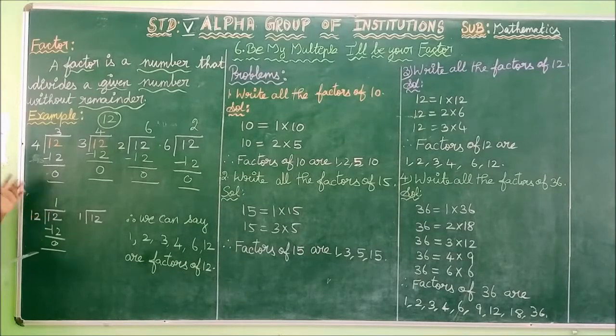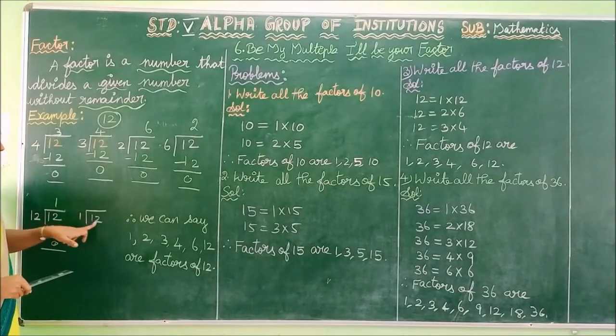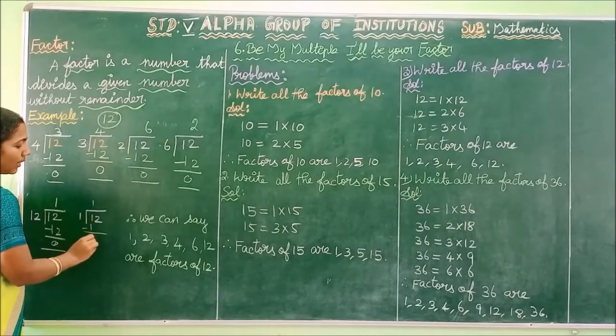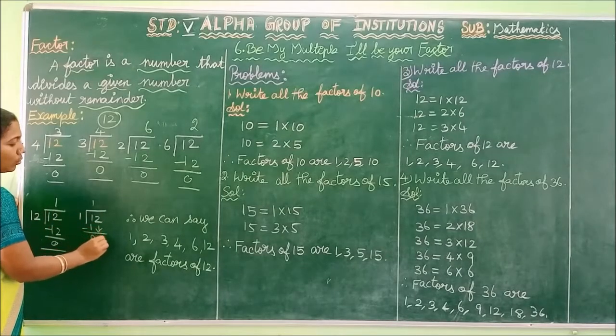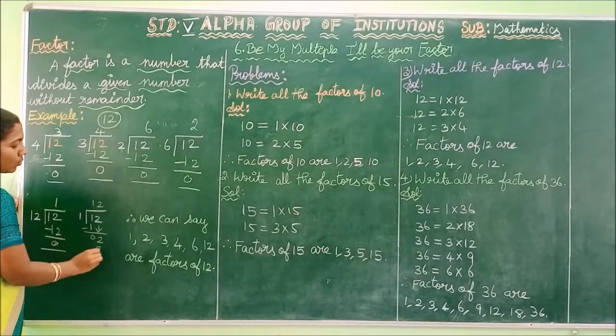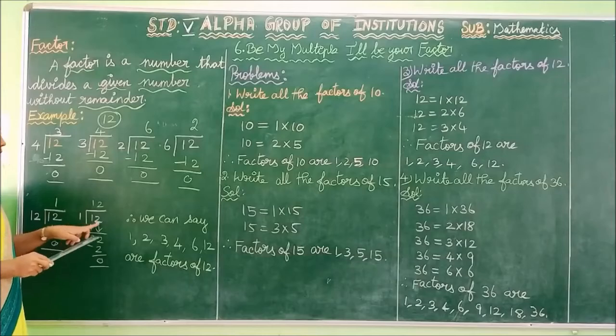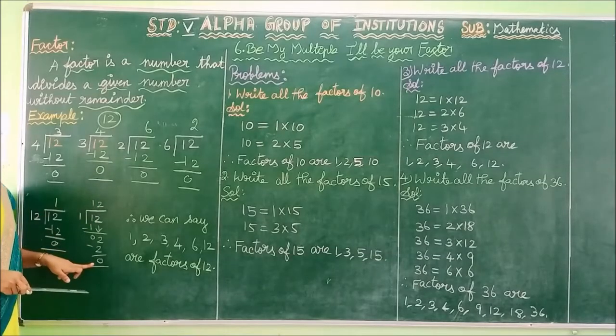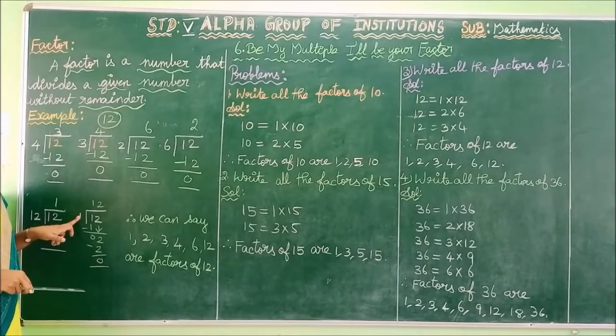Every number is a factor of itself. Remember this one. And once again I am dividing 12 by 1. 1 1 is 1. Subtracting, we get 0. Bring down 2. 2 times 1 is 2. Subtracting, you get the remainder 0. Thus, if you divide 12 by 1, you get 12 as the quotient and 0 as the remainder. So we can say 1 is a factor of 12.